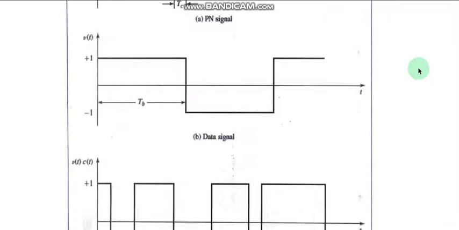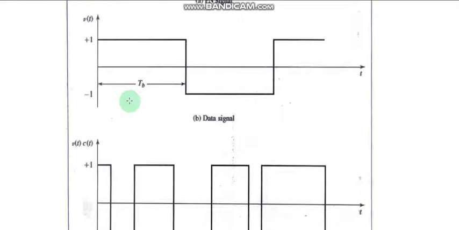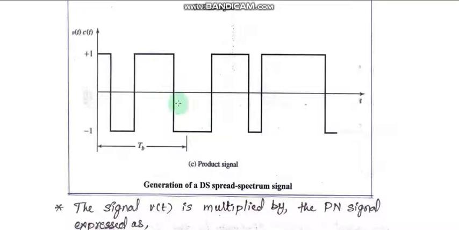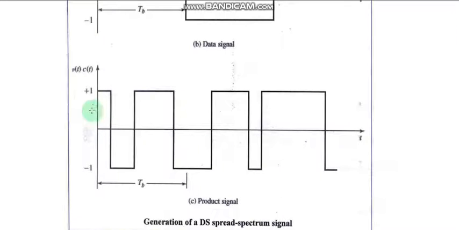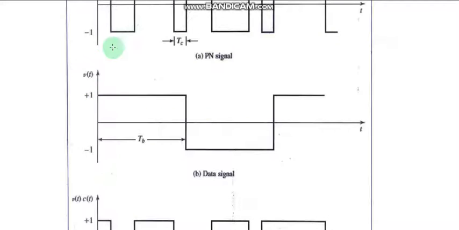Now observe. So these two signals are to be multiplied. Okay, c of t multiplied with v of t. We will consider what is c of t now. Okay, so when these two are multiplied, the resulting signal c of t into v of t is shown in this product signal. Okay, so we can observe, positive means, from the starting to this point, the same signal results here, the same signal.